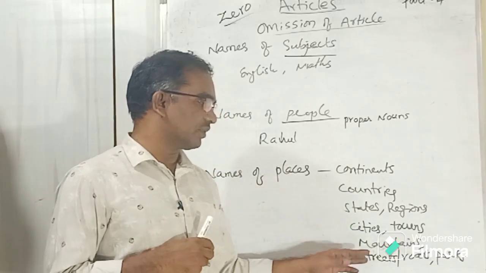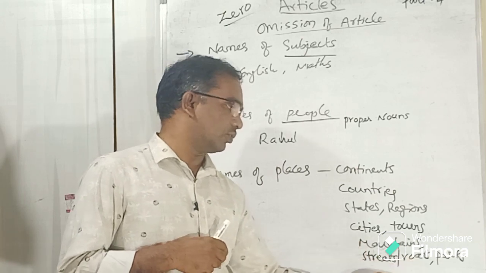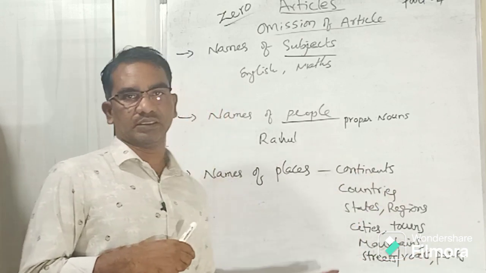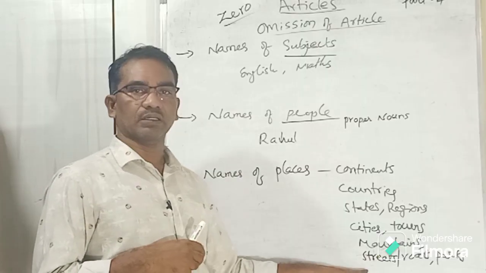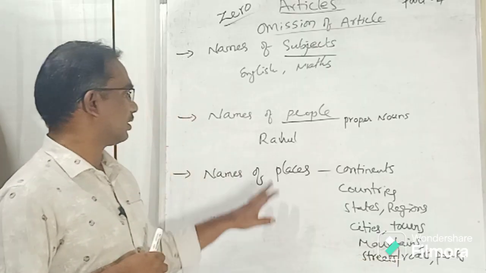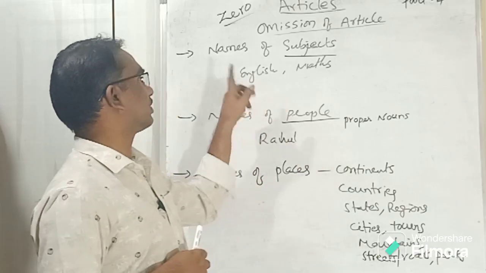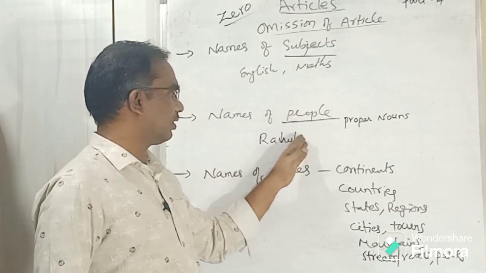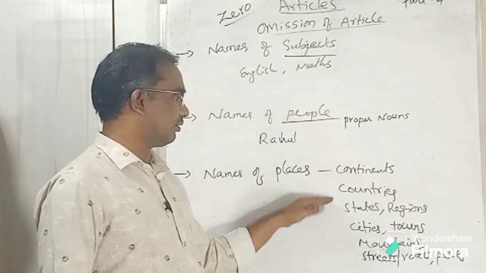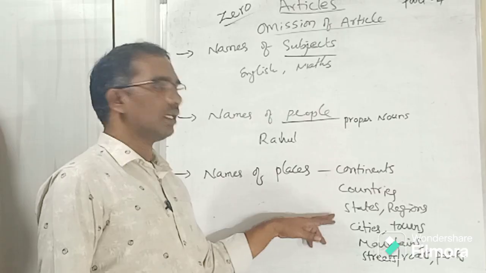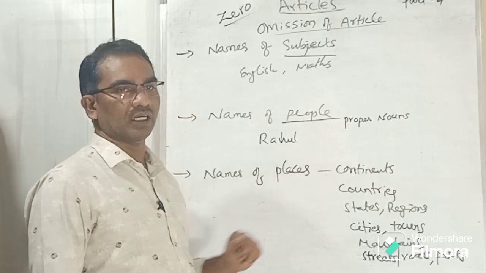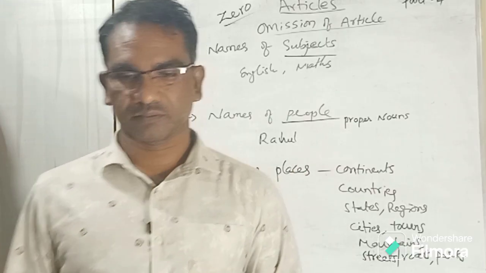At the same time, street names, roads, parks, etc. Remember this. When you talk about subject names, people, continents, countries, states, regions, and these names, no article is required.